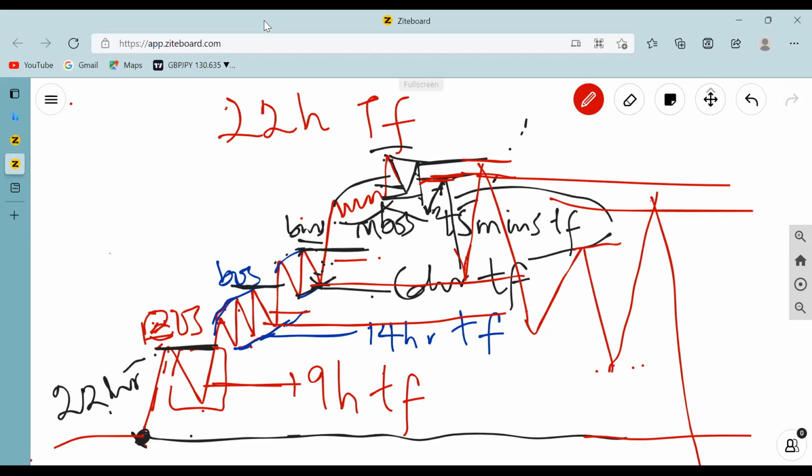Boom. Is that understood? So this is the simple analogy of time frame difference. Of time frame difference. All right.